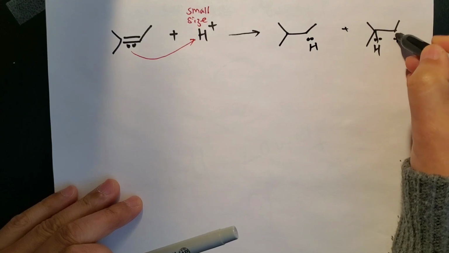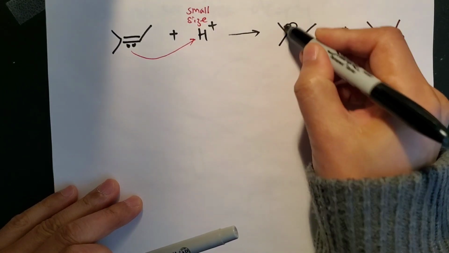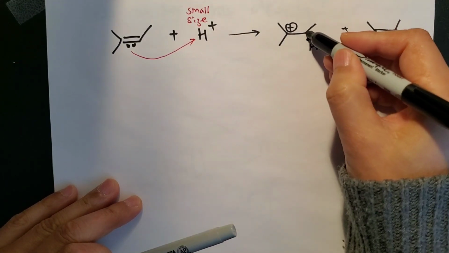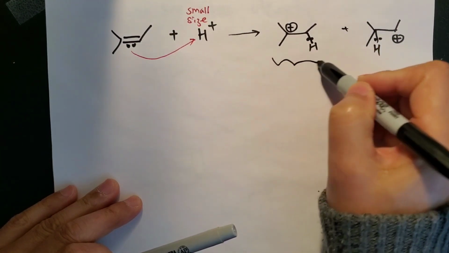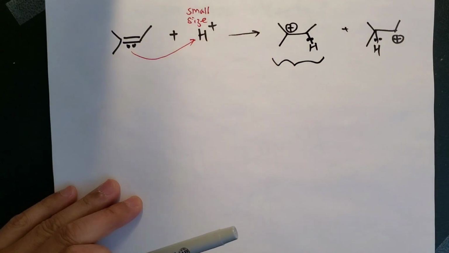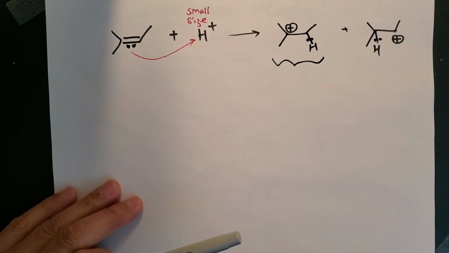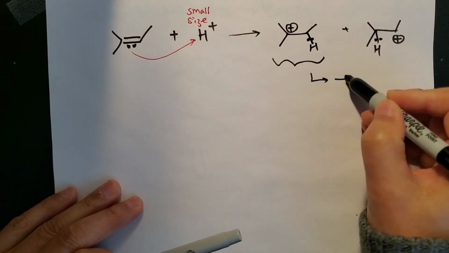So you get the positive charge there, and we choose to form a bond here because the carbocation in this isomer is more stable. So this leads to the product.